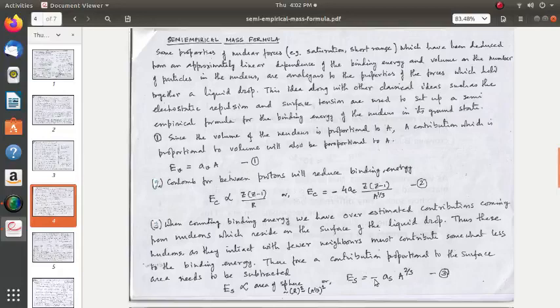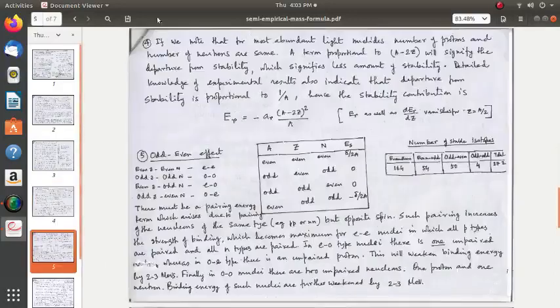Because it reduces the binding energy, because this has overestimated the binding energy, so we have to subtract out a correction which is proportional to the surface area, which is proportional to a to the power 2/3, because the radius is proportional to a to the power 1/3, so surface is proportional to a to the power 2/3. So that is the surface term of the liquid drop model. So this is the volume term, this is the Coulomb term, this is the surface term.